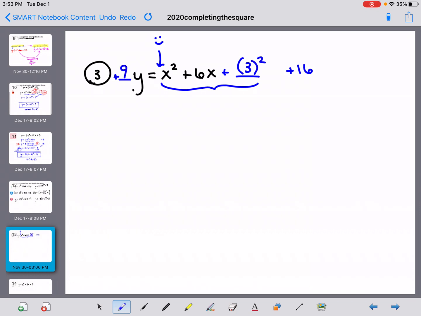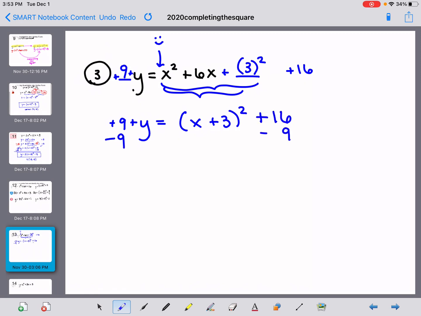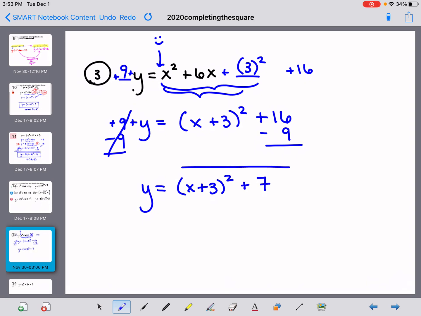I need to add 9 to the left side. I'm going to factor this. 16 comes down, and then I'll subtract 9 from both sides. Final answer. Vertex is -3, 7.